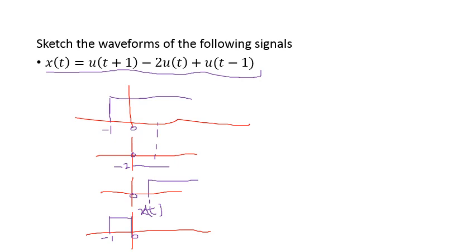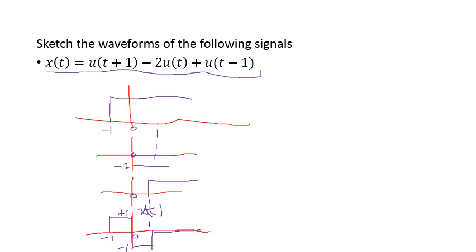So that means something like this. Then from 1 onwards, this is 1, this one is 1, so 1 plus 1 is 2, and this is -2, so the total is 0. So from 1 onwards this will be 0. The amplitude here is +1, and the amplitude here is -1.